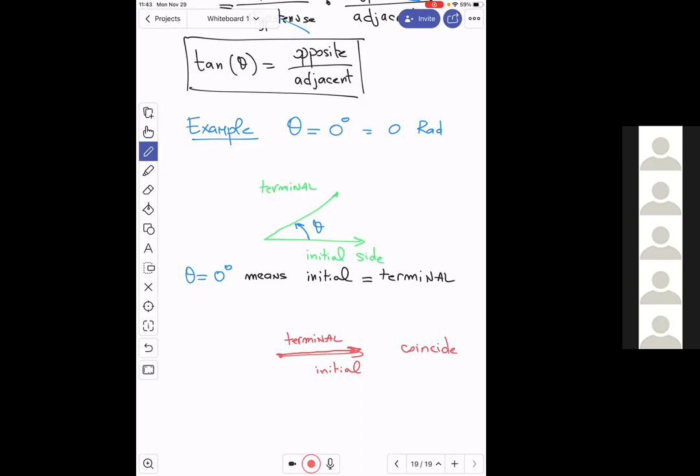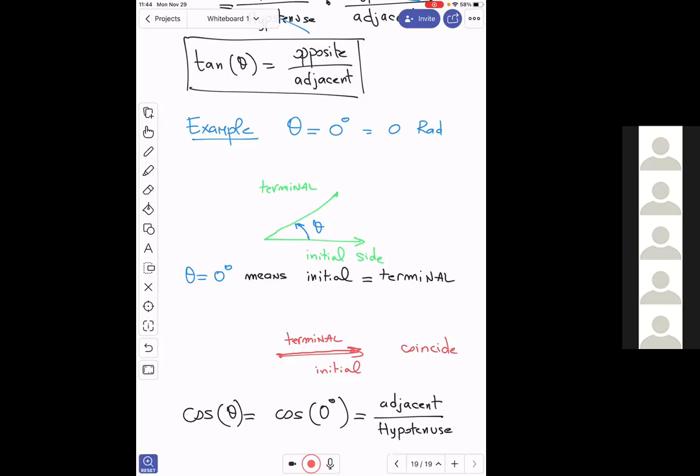Now I want to compute, let's say, cosine of 0. Cosine of theta, so this is cosine of 0 degrees. And as we said, by definition, cosine is the adjacent side over the hypotenuse.